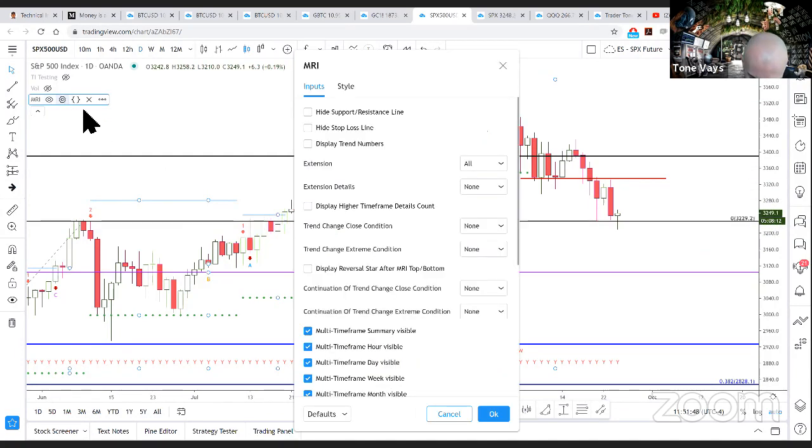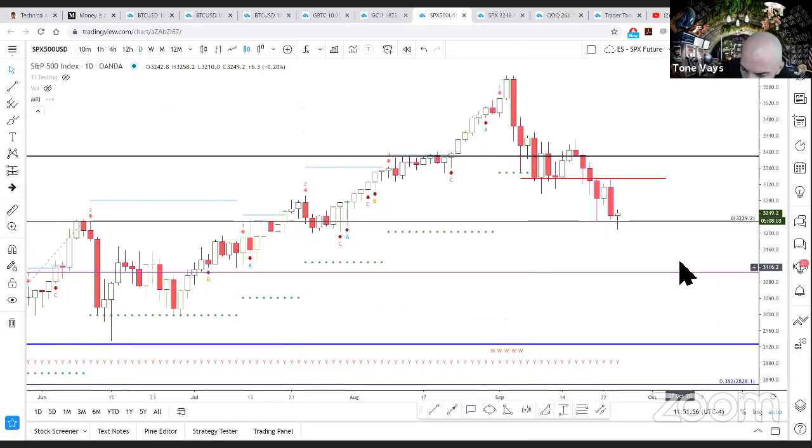Those that would be interested in seeing all of the details of how the MRI is counting, you can turn on those details in the settings. As you can see, we're only 5 candles into the MRI trend, so we're just above halfway there.